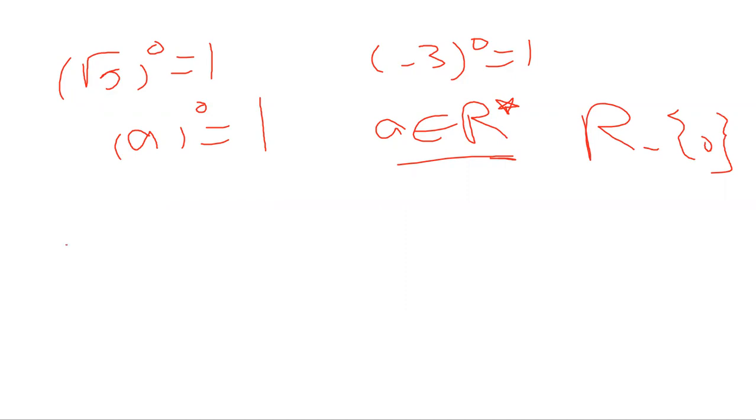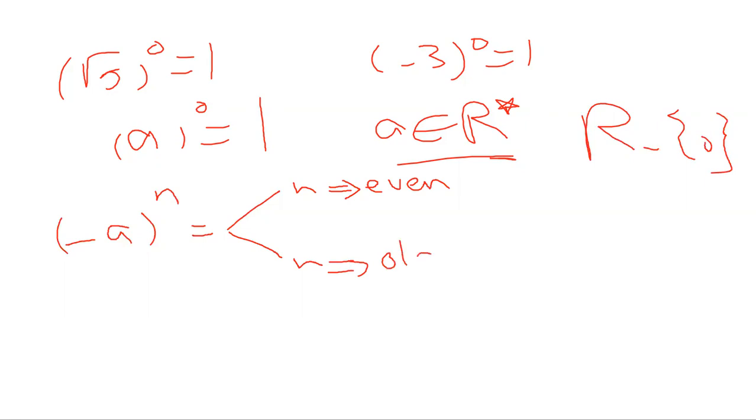Okay, what about negative A power of n? I have two cases. If n is even and if n is odd, there is a difference. Do you remember when n is even, then it will be what? Let's take an example.